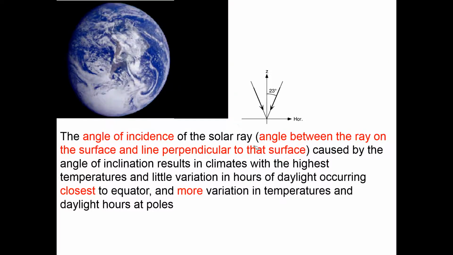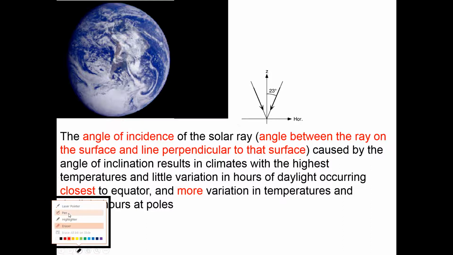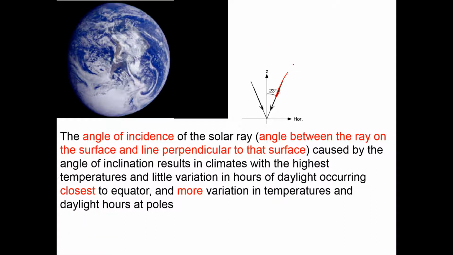Because of the angle of incidence of solar rays, so the sunlight coming in, the solar radiation carrying that solar energy, when it comes in like that, it's going to make an angle with the surface of the Earth, as well as with the perpendicular.